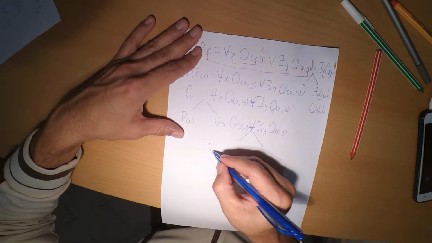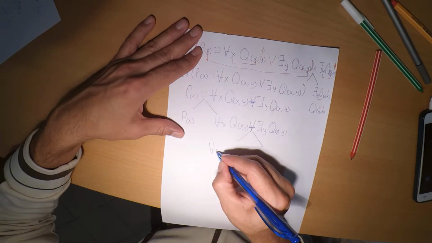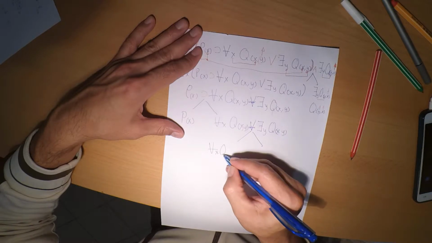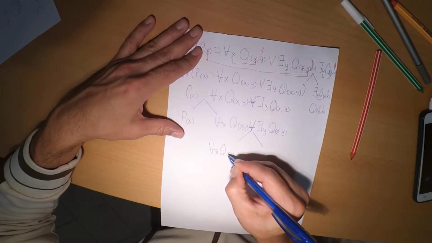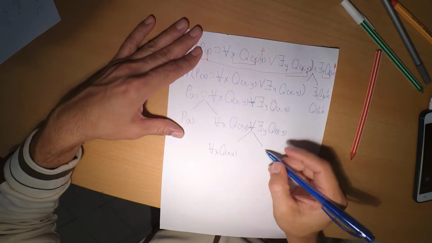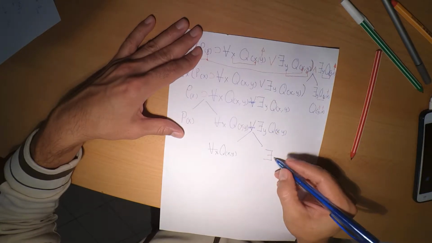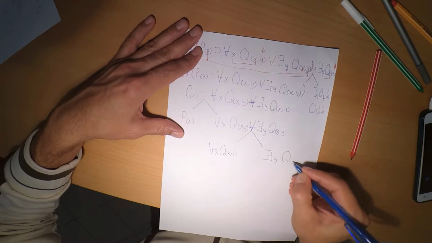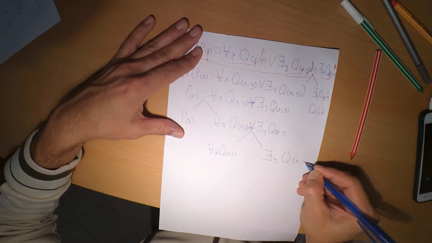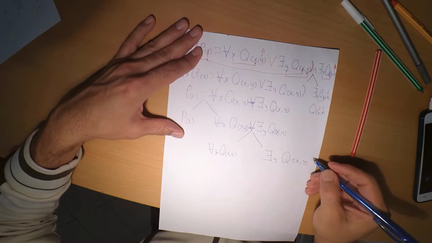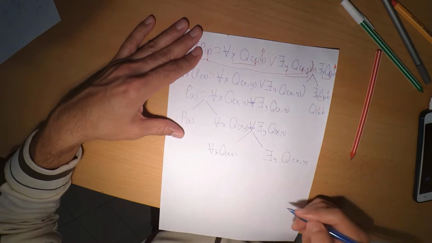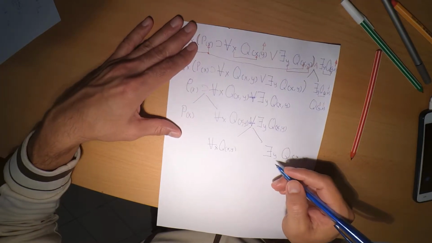So we have on one side the universal x, then x, y, that are two arguments, and on this side we have the existence y, q, x, y. And now let's make the atomic formula in this part.